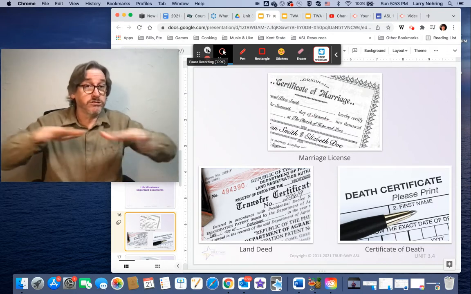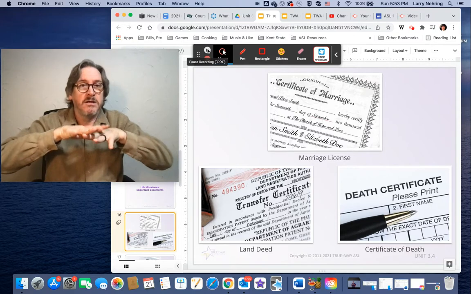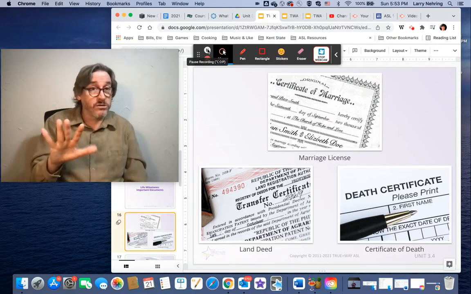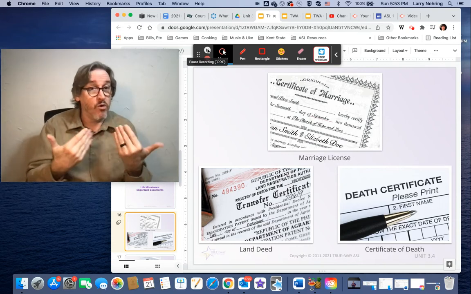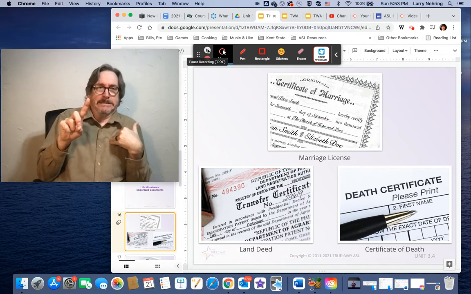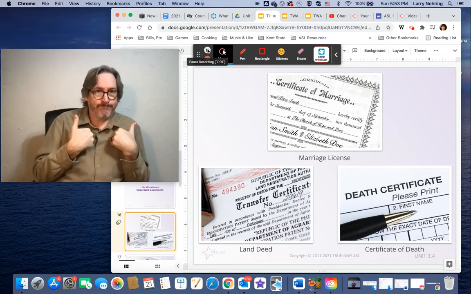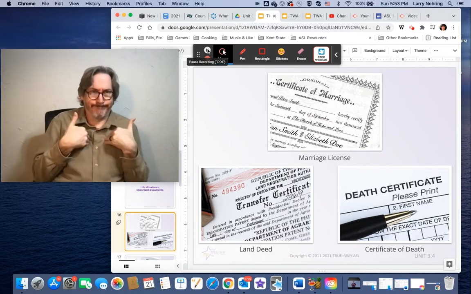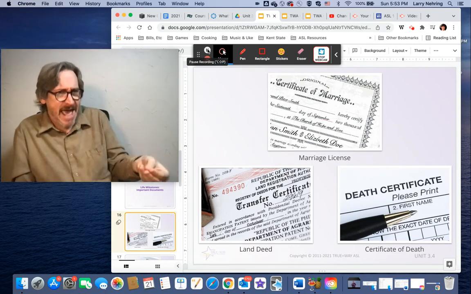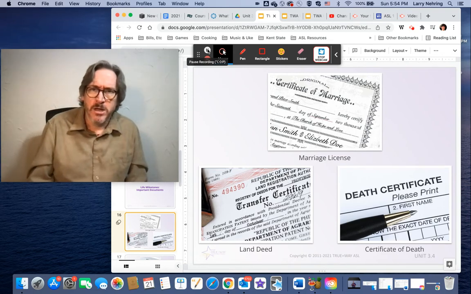So dirt area, deed. I've also seen have for ownership. Deed. So incorporating this concept of have, I've also seen it in there.